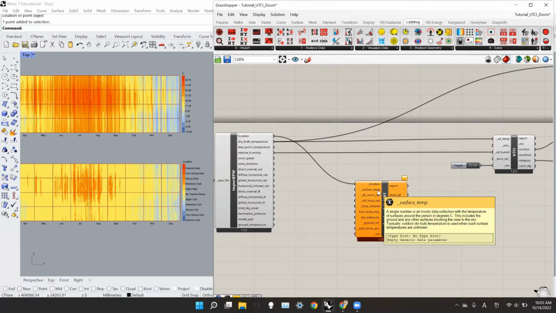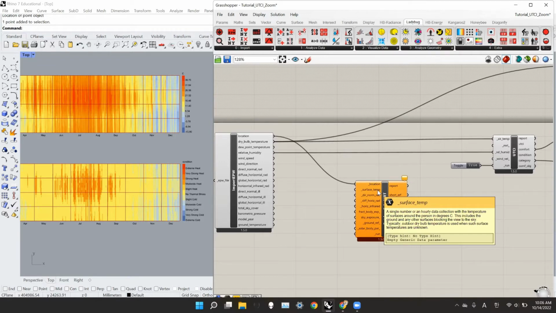If we hover over the input, is it a single number or an hourly data collection with the temperature of surfaces around the person in degrees Celsius. This includes the ground and any other surfaces blocking the view to the sky. Typically, outdoor dry bulb temperature is used when such surface temperatures are unknown.